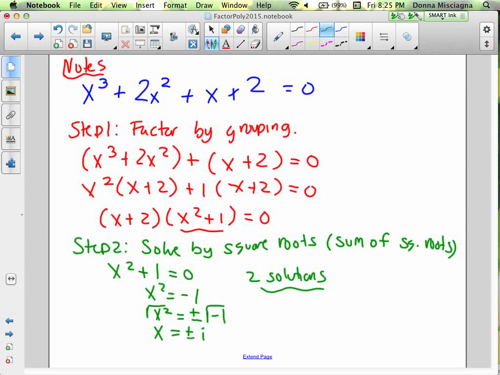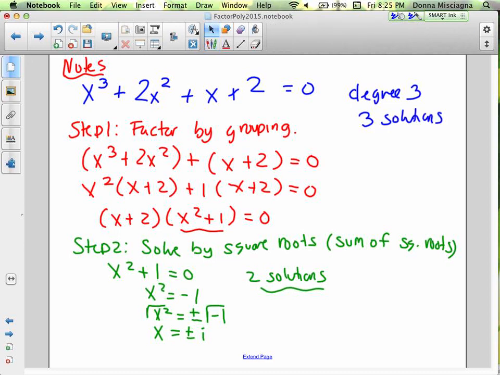All right, so we have to have 3 solutions, right? This is degree 3. And here are our 3 solutions. I'll just put them down here. Step 3, solve. Actually, I have no space over here, so let's do it over here.